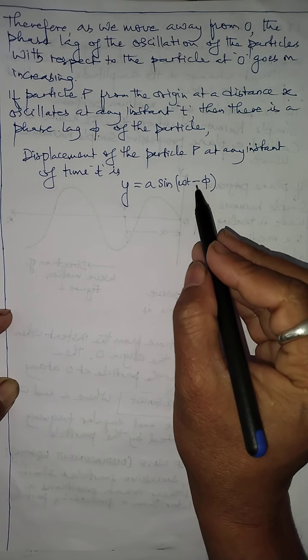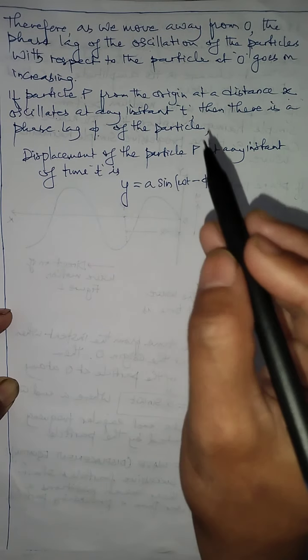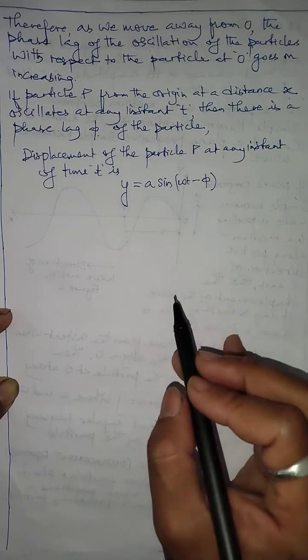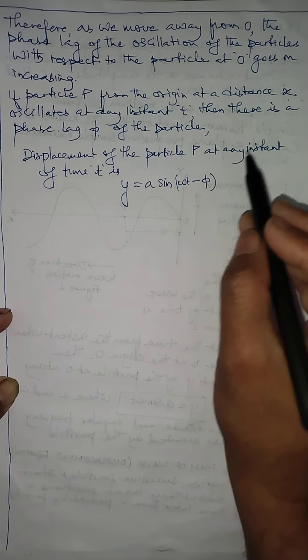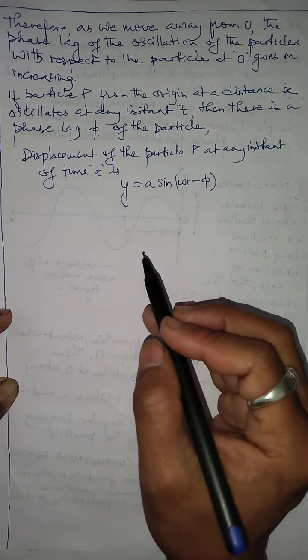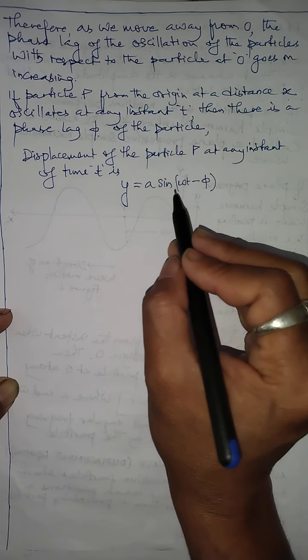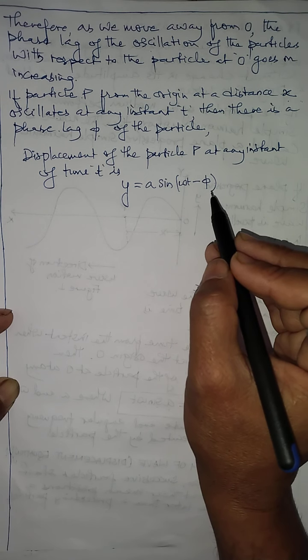See, this minus sign means that the particle lags by a phase angle phi with respect to the particle which was displacing at the origin. That's why this is the displacement of the particle P, which is at a certain distance x at any instant of time t. So y equals a sin(omega t minus phi).